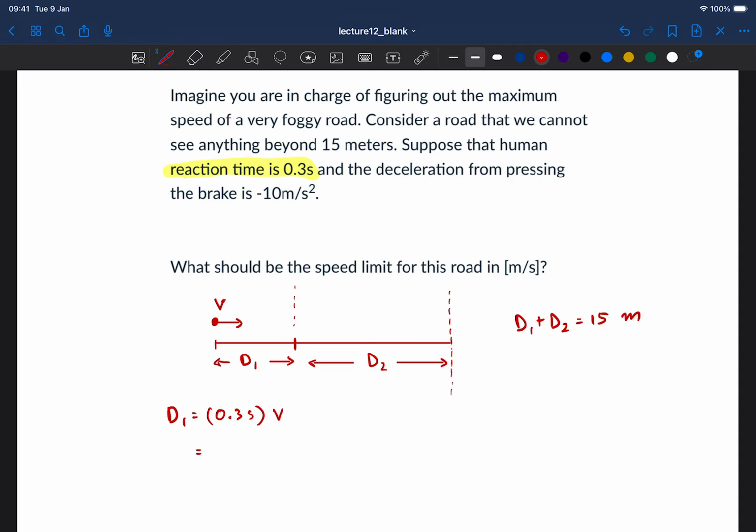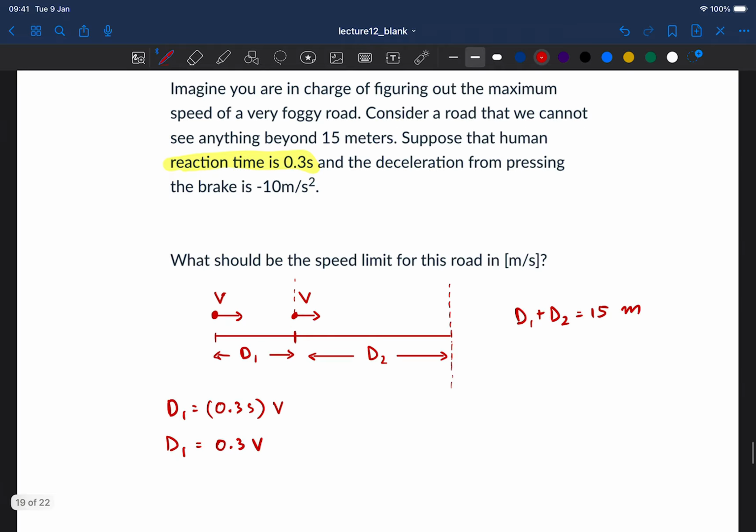And we don't know v, so we can't do anything else. So this becomes 0.3 v. Okay. And then we do the second part. The second part, initial velocity is still v, but now we decelerate. And then eventually the velocity here will be 0. So we can calculate d2.